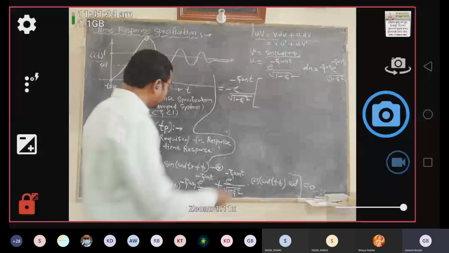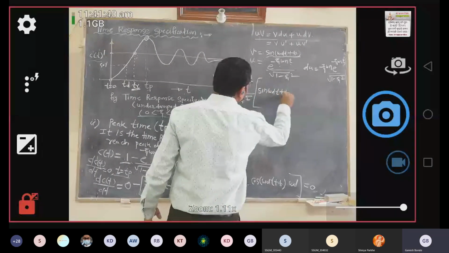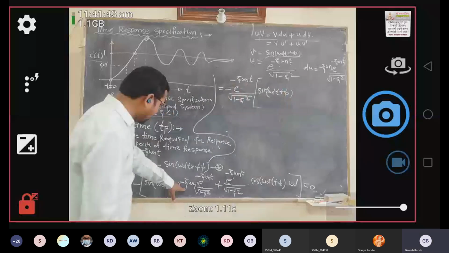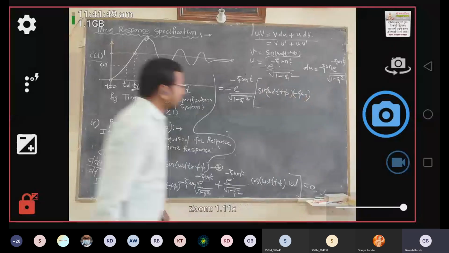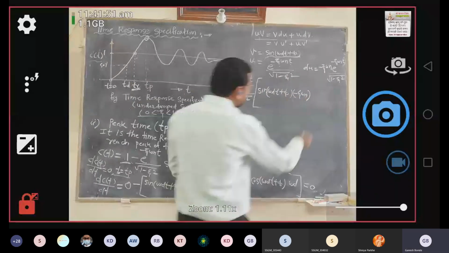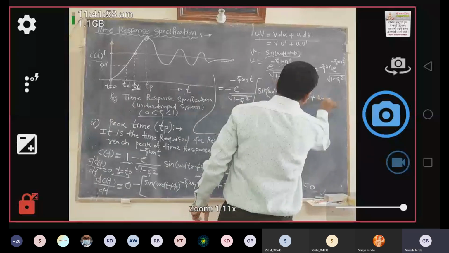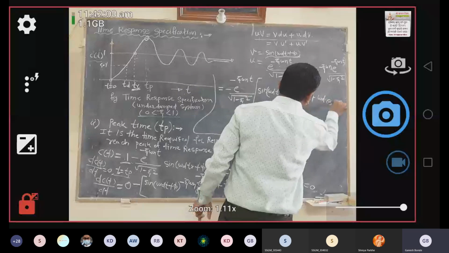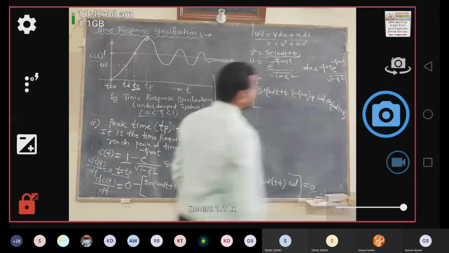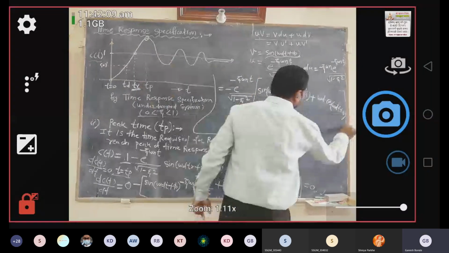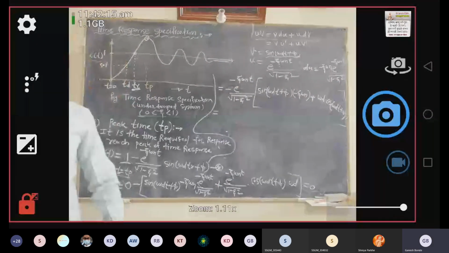Sin of omega dt plus phi multiplied by minus zeta omega n. Then in the second term, taking this term common, what remains is just omega d into cos of omega dt plus phi. Okay, here the bracket closes, and then I will simplify this again.